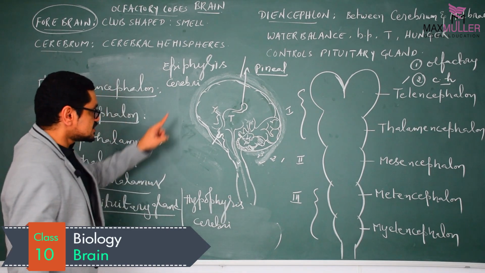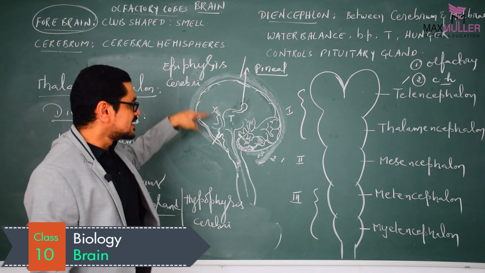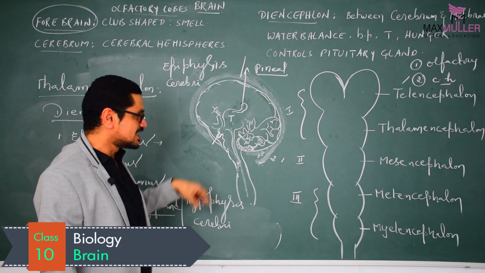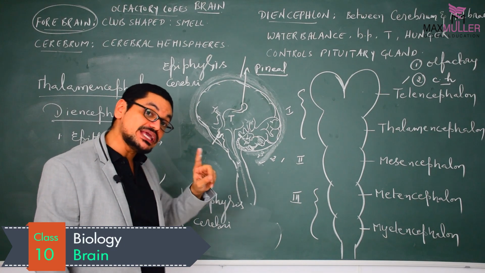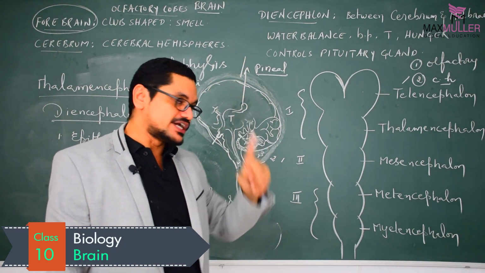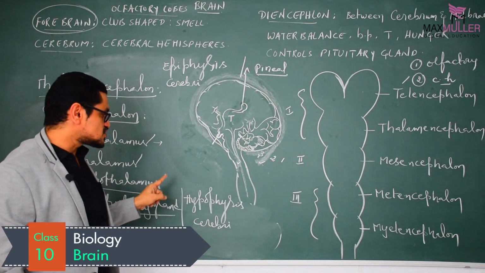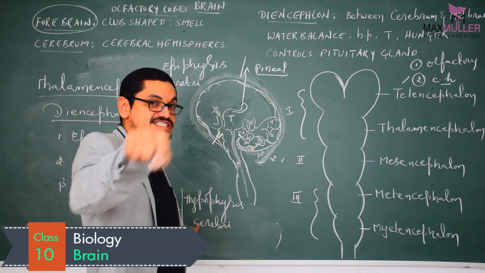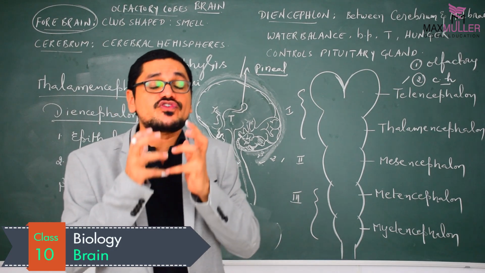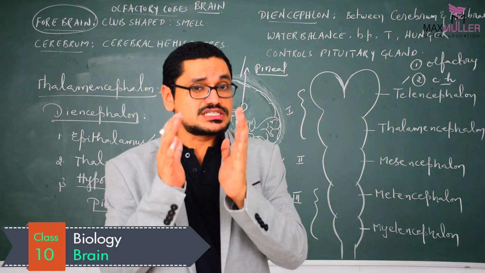This is epiphysis cerebri, and this is hypophysis cerebri. You know pineal eye? Pineal eye is different. This is the pineal gland and this is the pituitary gland, which is also called hypophysis cerebri. Now let us see the functions of Diencephalon.